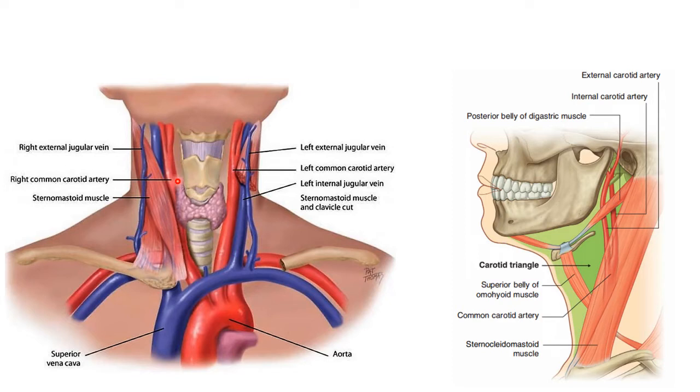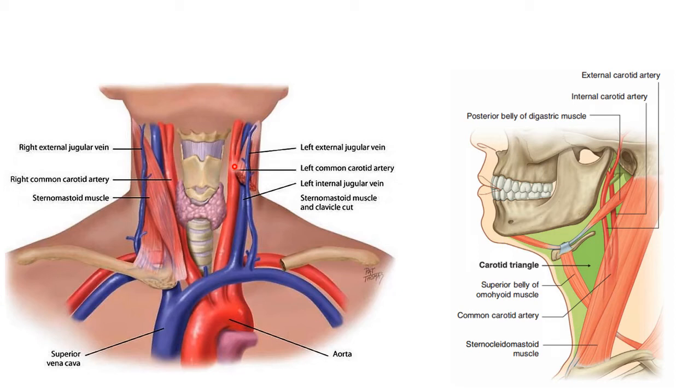and near the superior edge of the thyroid cartilage, each common carotid artery divides into two terminal branches, that is the external carotid artery and the internal carotid artery.